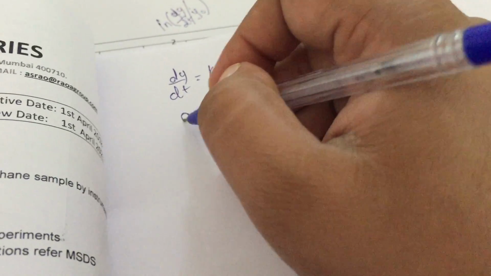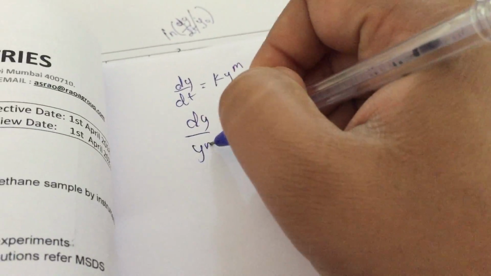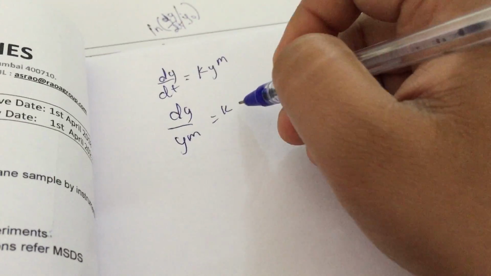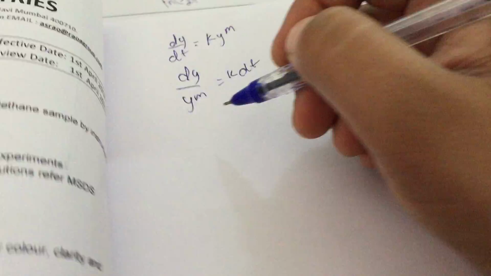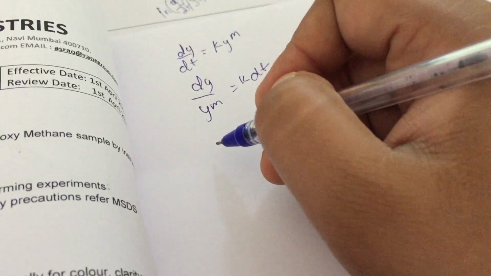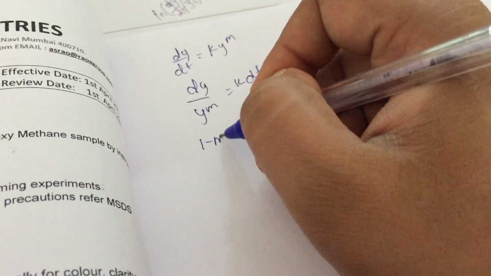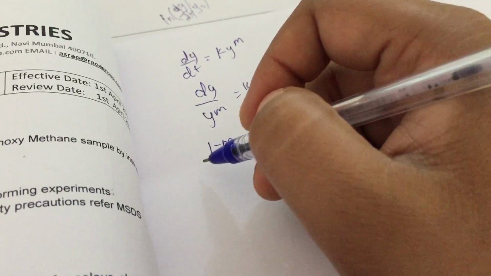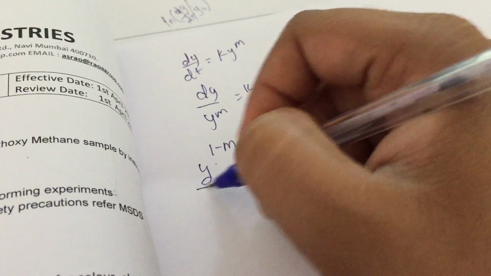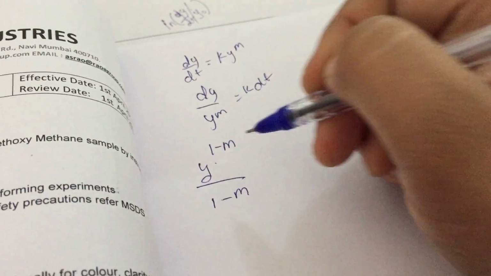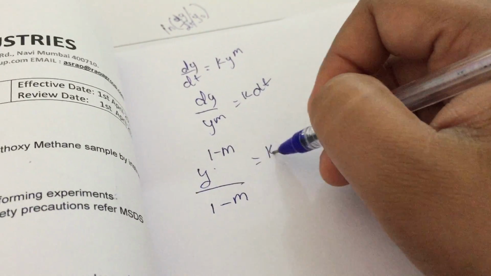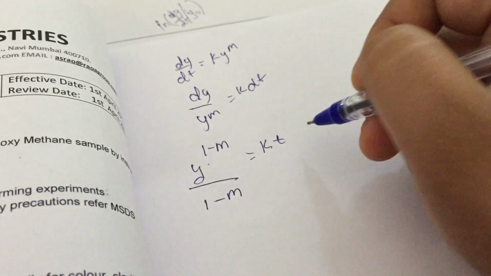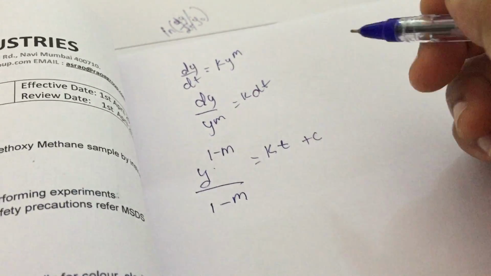To integrate this, dy/y^m is equal to k dt. Integrating this, you will get y^(1-m)/(1-m) is equal to kt plus an integration constant.